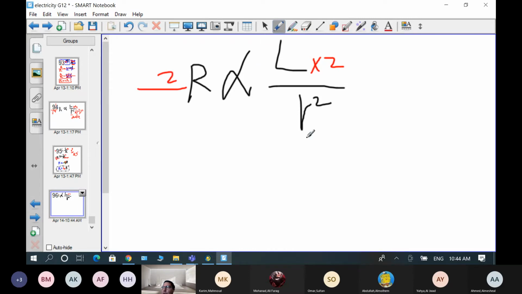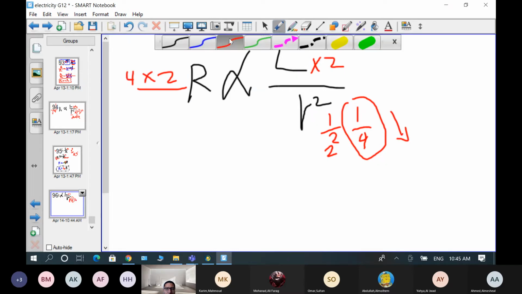And we reduce the radius by a factor of 2, but it's squared, so it will be 2 squared. So it's reduced by a total factor of 1 over 4, because 1 over 2 squared equals 1 over 4. If this is reduced by 1 over 4, this one will increase by 4.